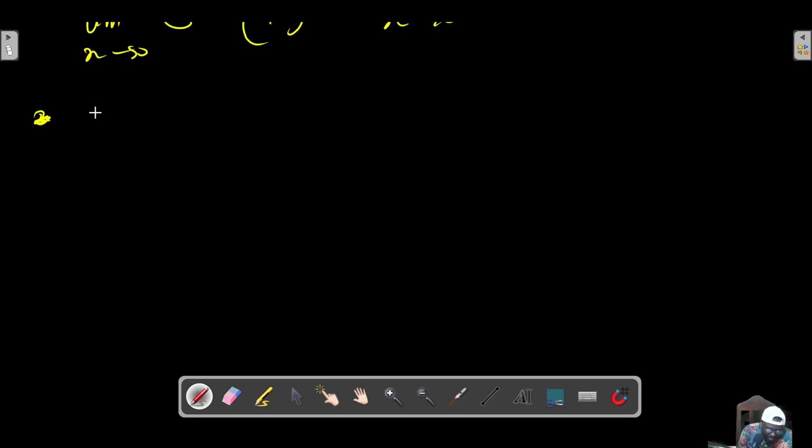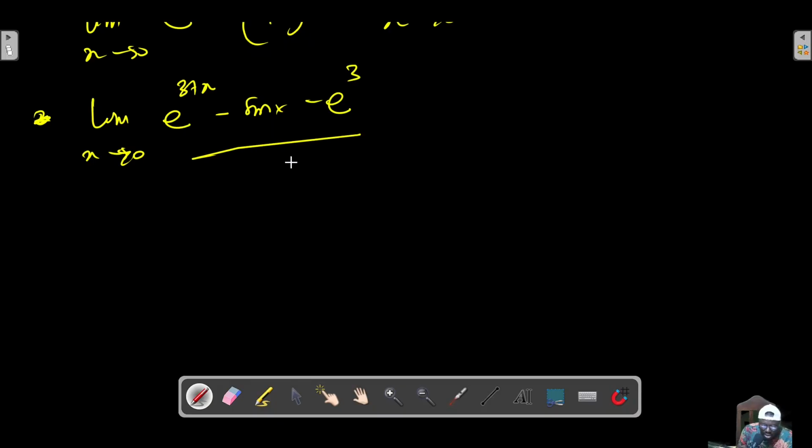So the limit of e raised to the power 3 plus x minus sine x, minus e raised to the power 3, all over x. Now we have to evaluate this limit as well. What would the answer be? We can also apply some limit rules here. It is simple. I mean the standard limit. You can apply some here.